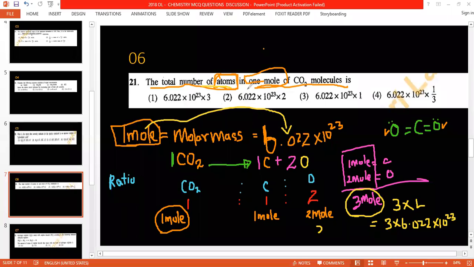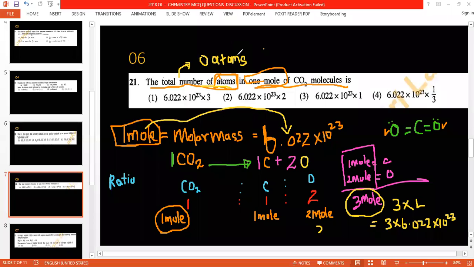If they ask not the total number of atoms, but the total number of oxygen atoms, what should be the answer?